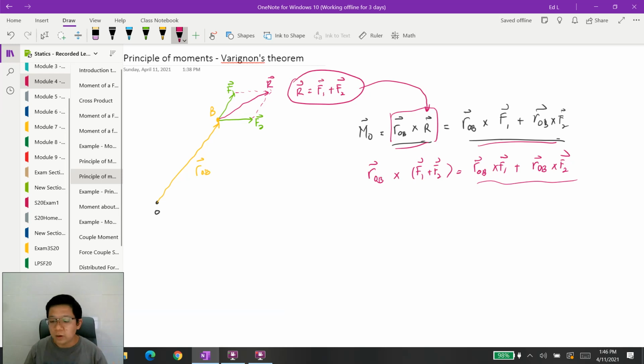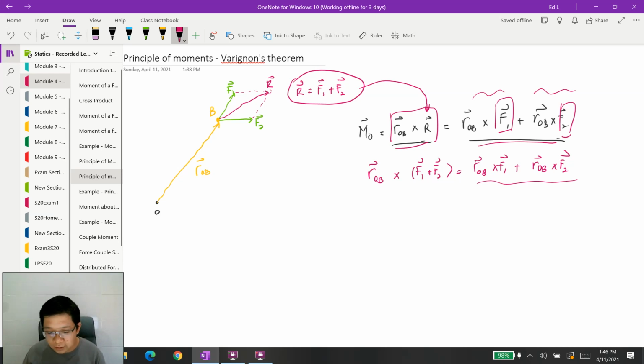The force, let's say we call it R, has components F1 and F2, and we sum up the moments contributed by those components about the same point, which in this case is point O. This is basically what we call Varignon's theorem.